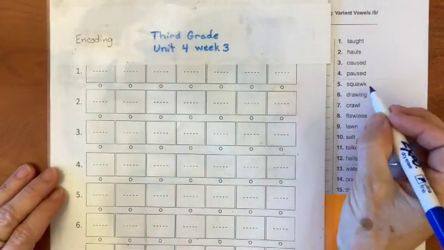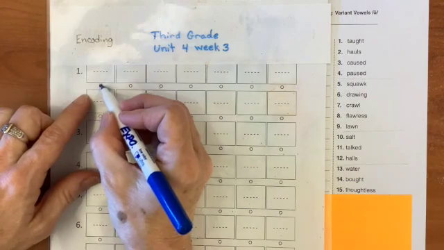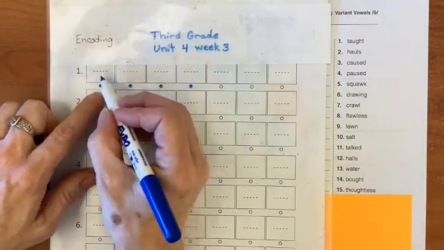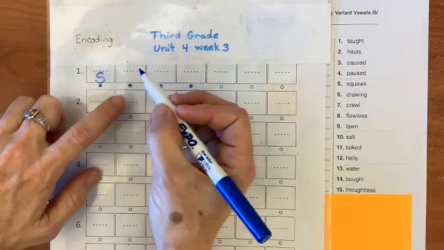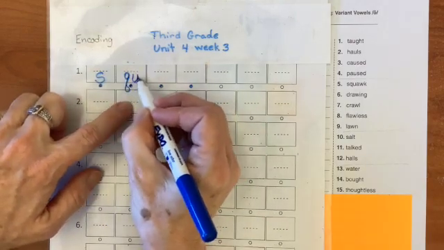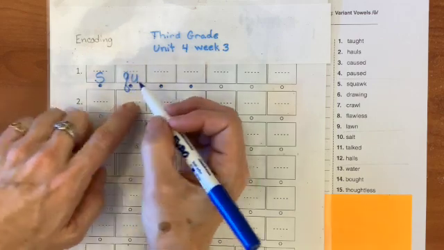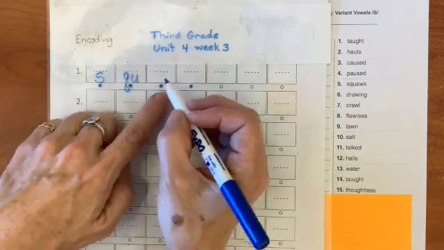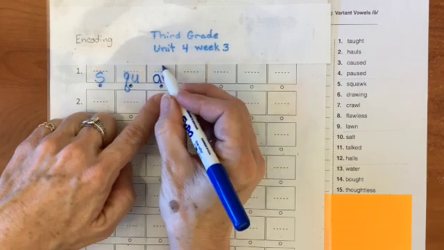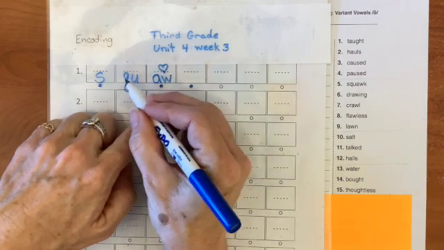So this word is squawk. S. That's easy, you know that one. Q is QU, so that's the same phoneme right there, same bus seat I call it. Squaw. Here's the AW. And you might want to memorize that by heart, just by reading it.